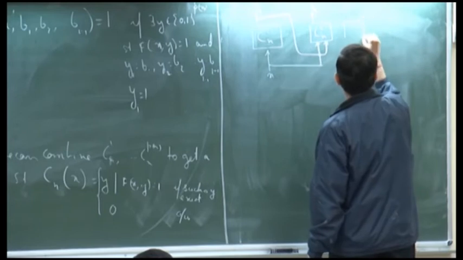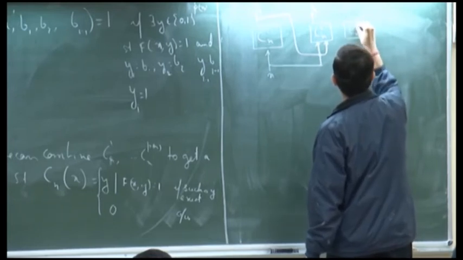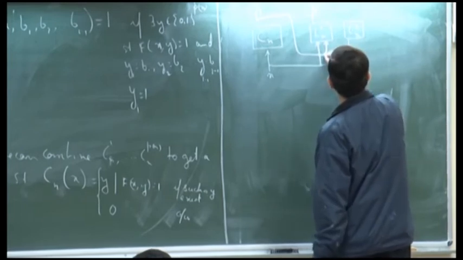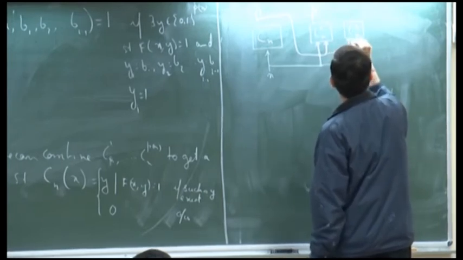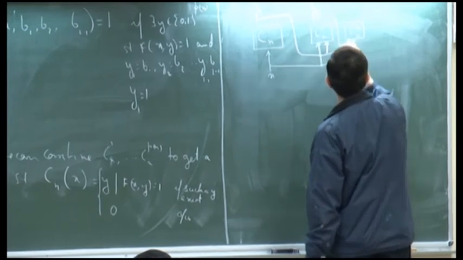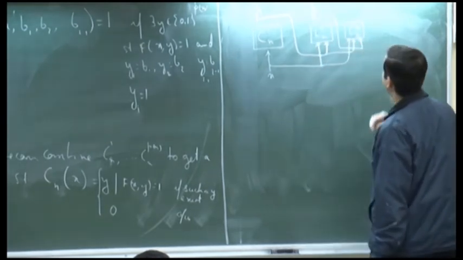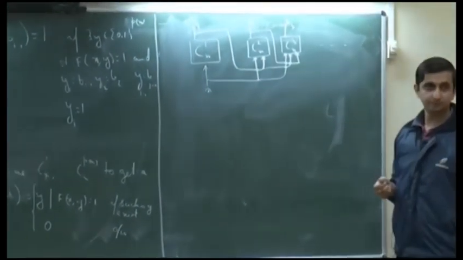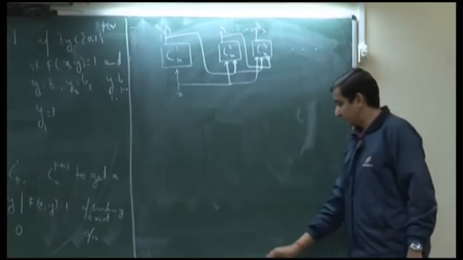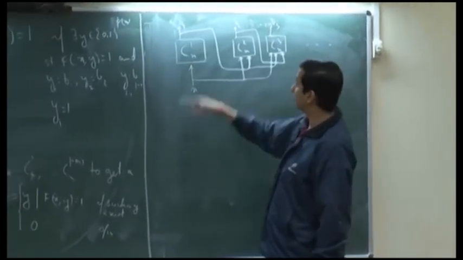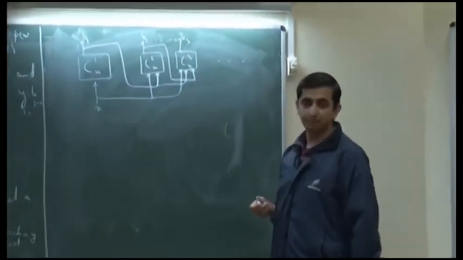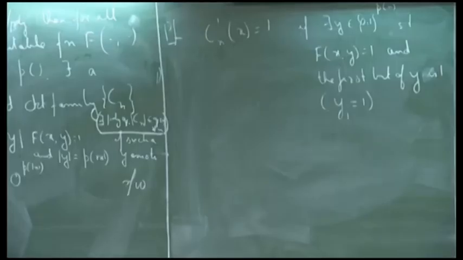Now I have the third circuit. This gets x, b1, and also b2, and this will give b3 and so on. And this entire circuit again has size some polynomial in n. Is it clear how this is working?